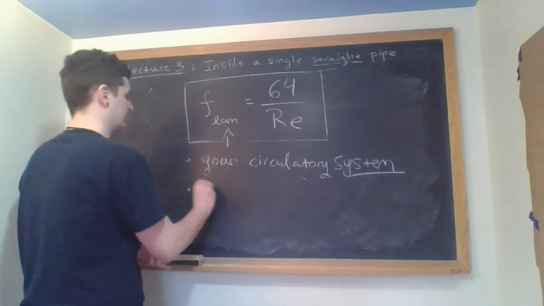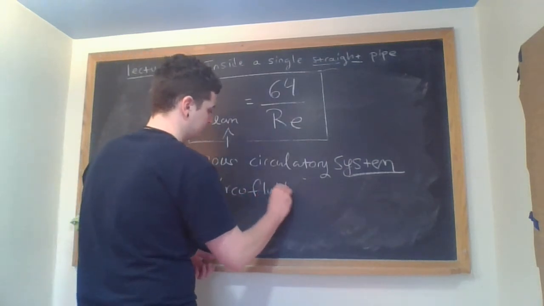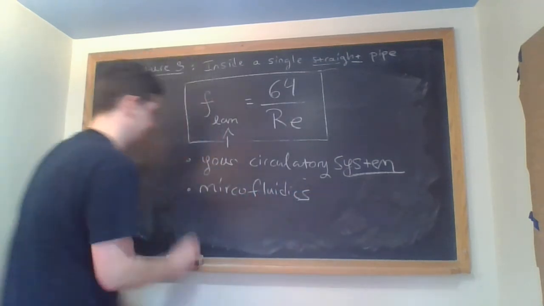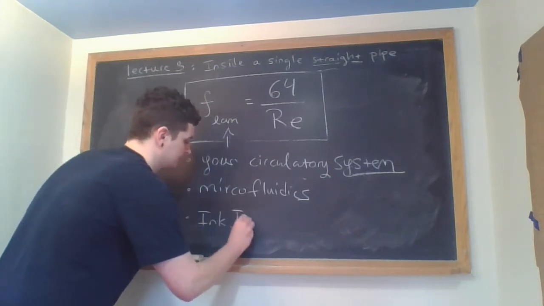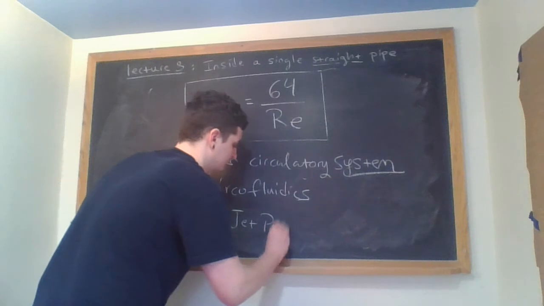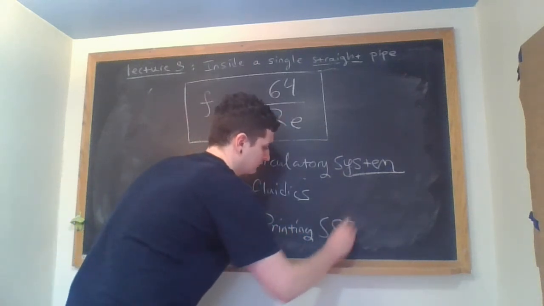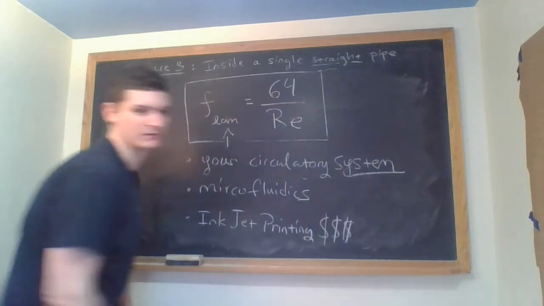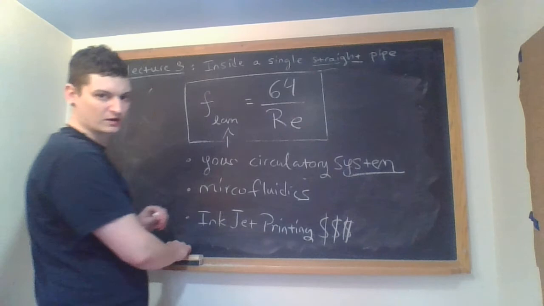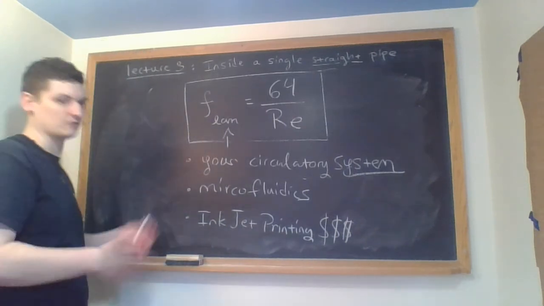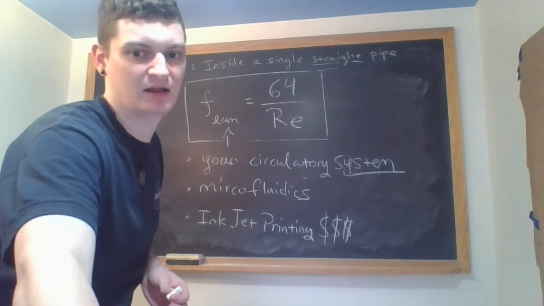They often just apply to microfluidics, right? Also, a big one, a lot of money in inkjet printing, right? So you can use this in your career, don't worry. But for this class, because we do water piping systems, we want to figure out what those turbulent friction factors are. That's next.